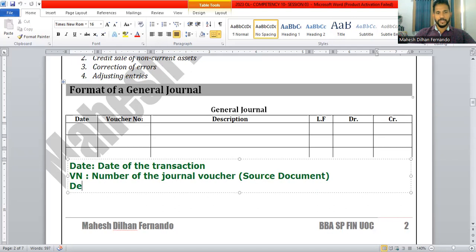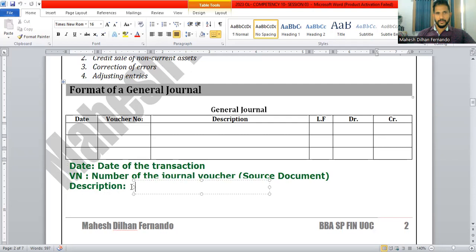Then description. In the description column, what do we record? The relevant accounts to be debited and credited.